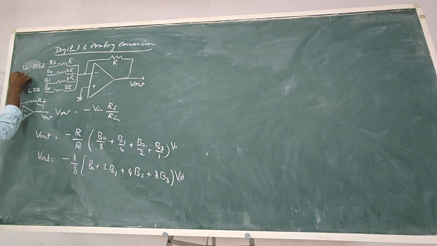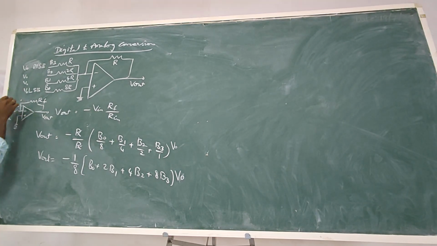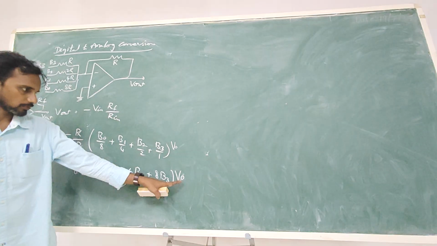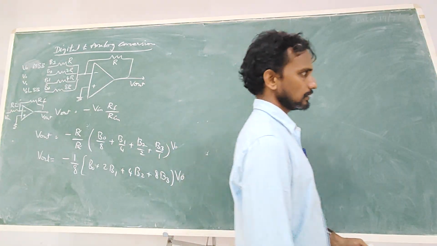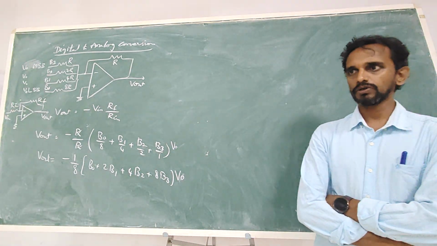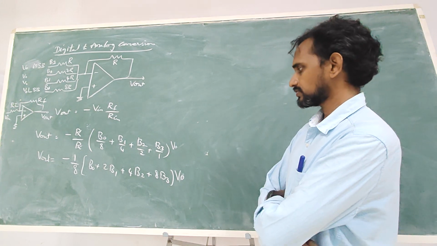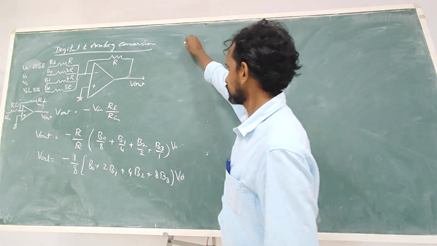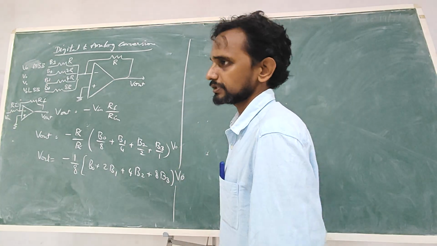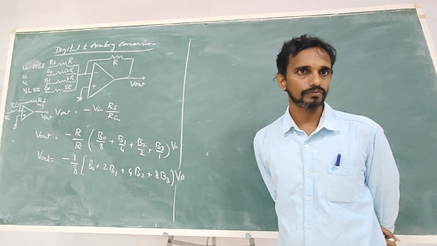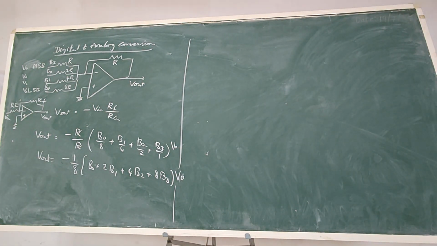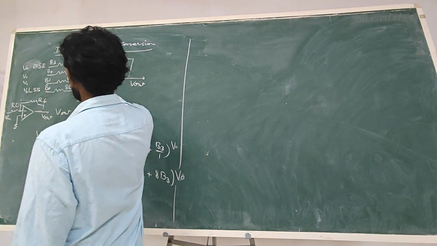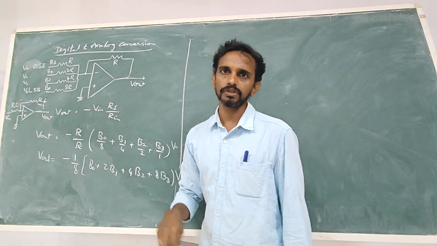Here we have to maintain a proper value for V0. If V0 is chosen to be 8, you will get a direct analog signal equivalent to the binary. So V0 is 8, that 8 will get cancelled, and we will be left with the final result. V0 should be given the highest weight factor because all the weight factors are coming in the denominator.